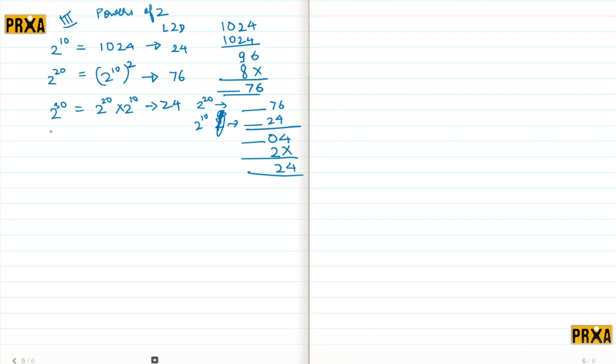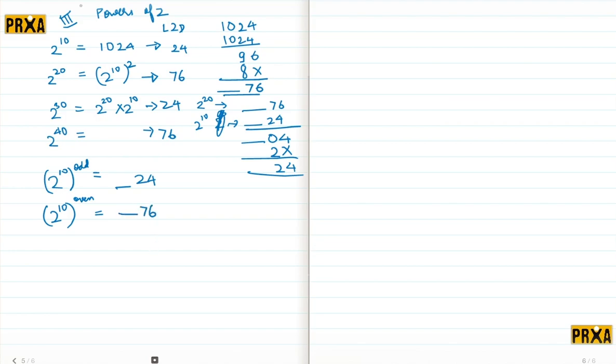And in a similar idea, 2 to the power 40, I should get 76, and therefore it is fairly clear to see that if I have an odd power of 2 to the power 10, I will get 24 in the end. If I get an even power of 2 to the power 10, I'll get a 76 in the end, right?